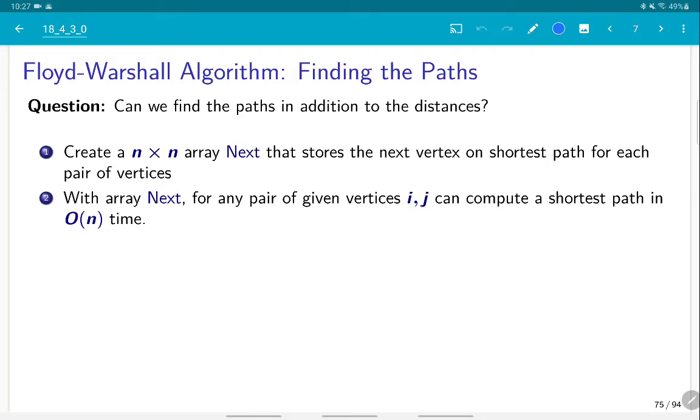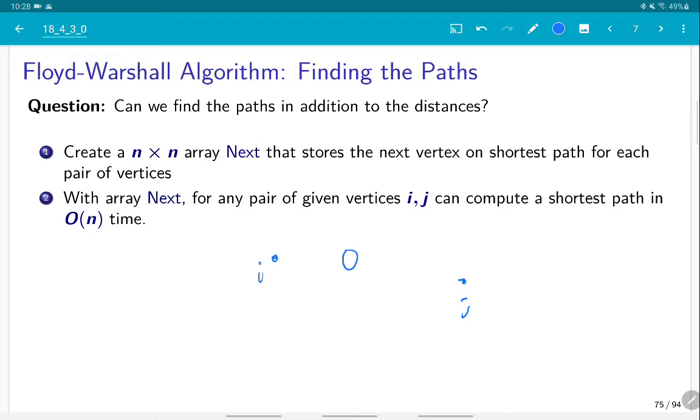Now, if we want to find the paths themselves, we need to be a bit more careful. So what we are going to do is remember, when we have the path between i and j, the middle vertex that we used to update the distance between i and j, right?